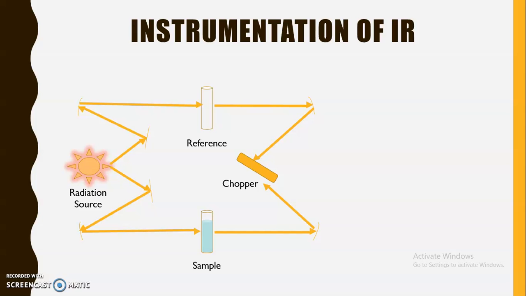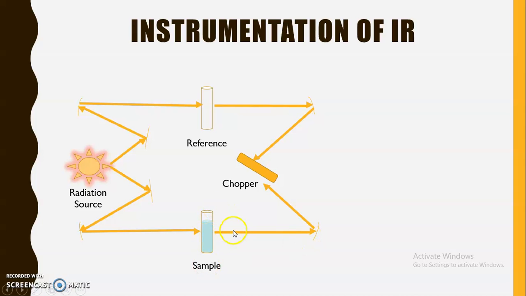Now why is this chopper placed? This chopper is continuously rotating at about 10 rotations per second generally. So what is the role of this chopper? Due to the rotation of the chopper, the reference beam and the sample beam will alternately fall on the detector. The detector will measure the reference beam as 100% and count the light that is transmitted.